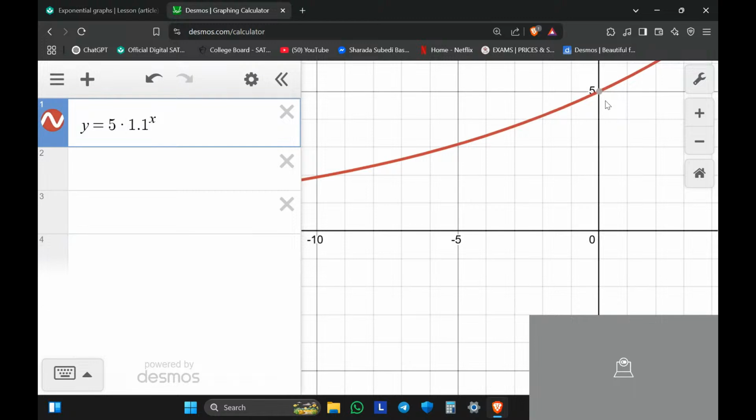So I have f of x equals a times b to the power x, which will have y intercept of a.